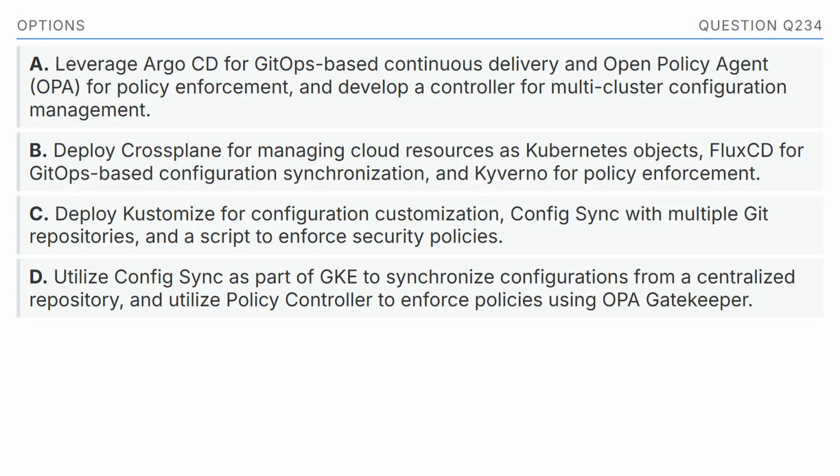Option C, deploy Kustomize for configuration customization, config sync with multiple Git repositories, and a script to enforce security policies. Option D, utilize config sync as part of GKE to synchronize configurations from a centralized repository, and utilize Policy Controller to enforce policies using OPA Gatekeeper.